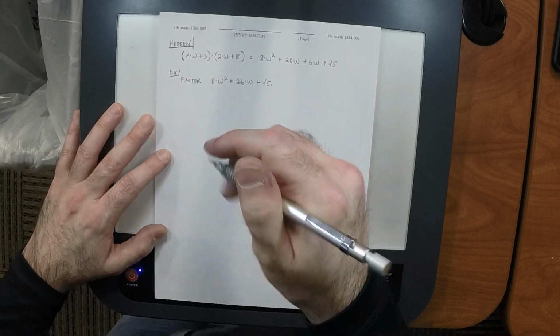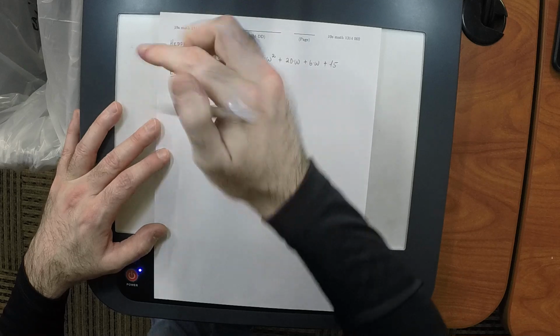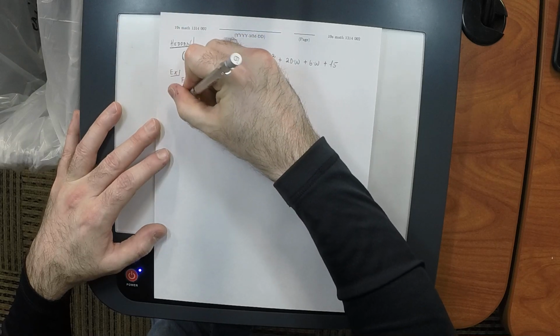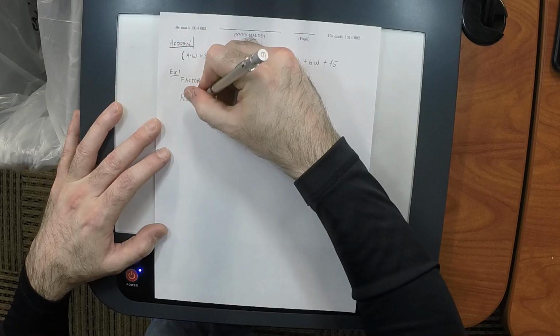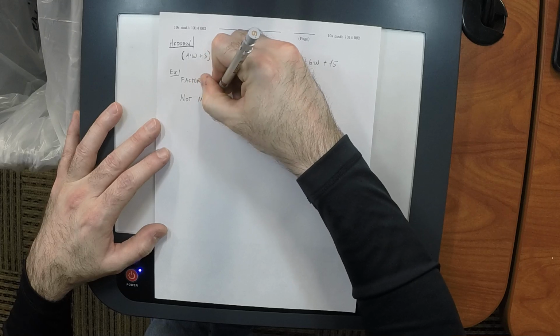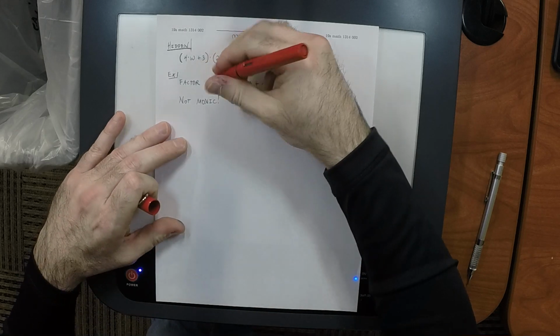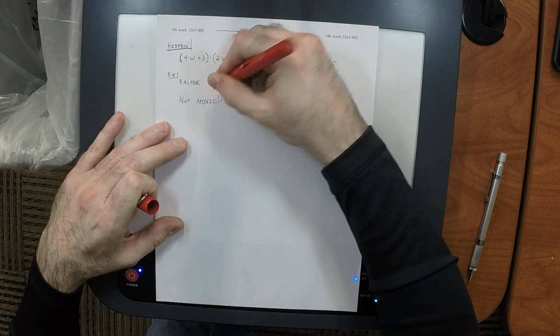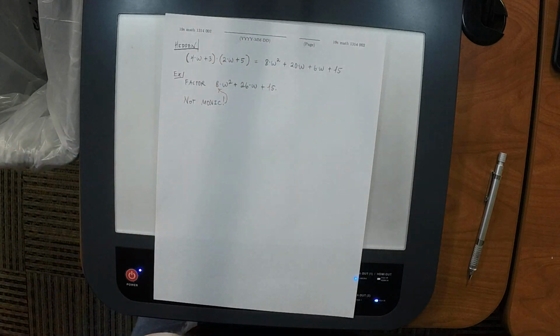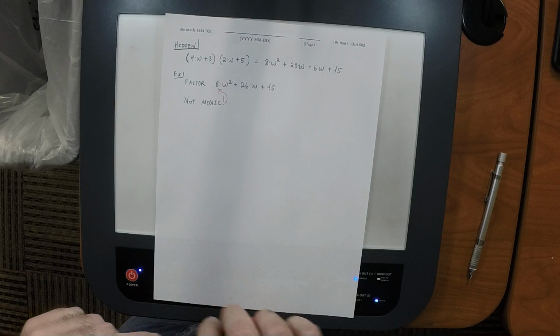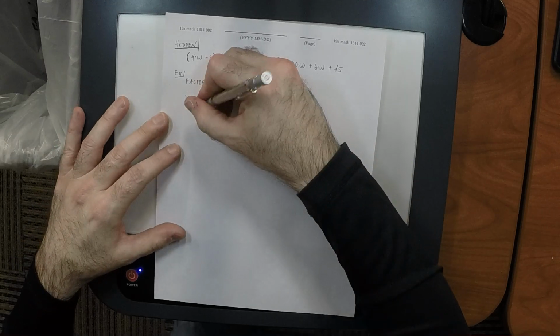You were given this. So the most notable thing about this exercise is that it's not monic, which means that the technique on the previous page simply won't work.